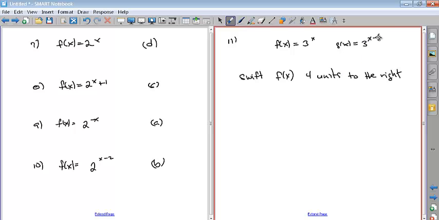So when you have x minus something, it's x minus h. H is how much you shift, positive or negative. So h in this case is positive 4. So it goes to the right 4 units.